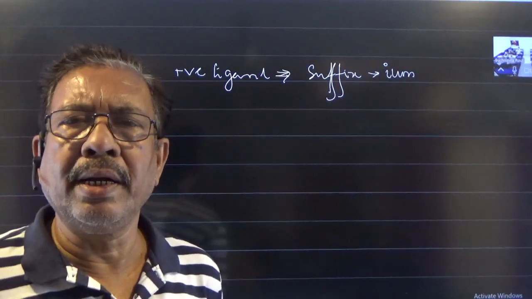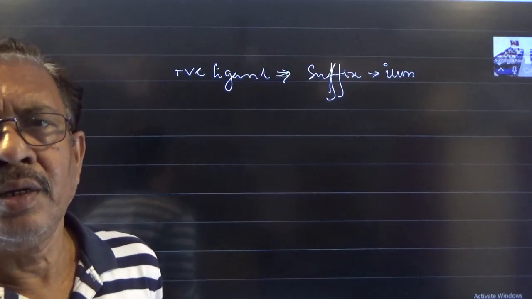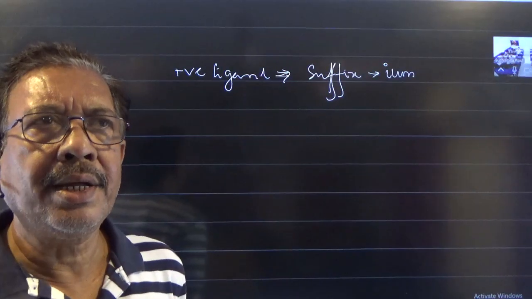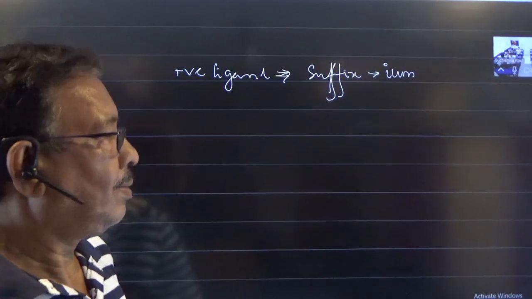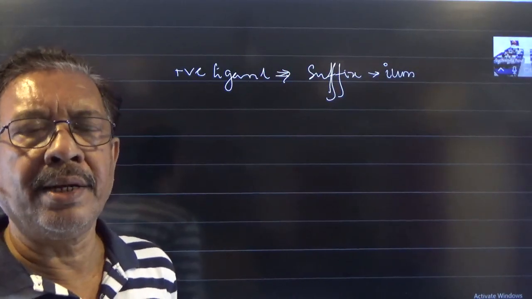For positive ligand, just add the suffix -IUM for positive ligand.